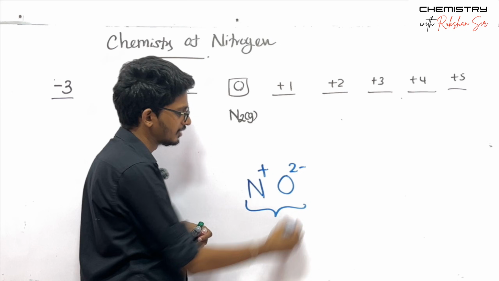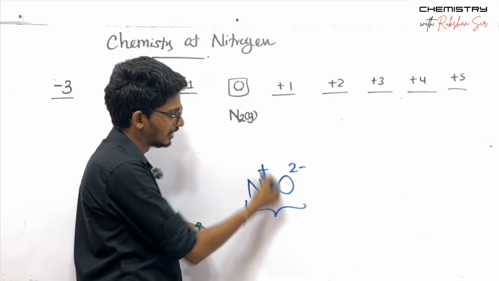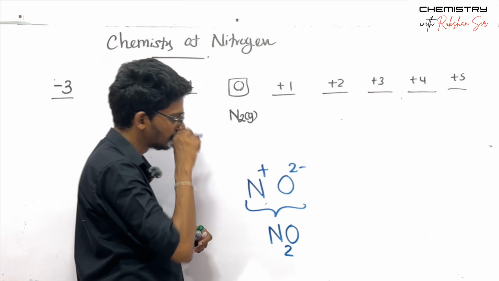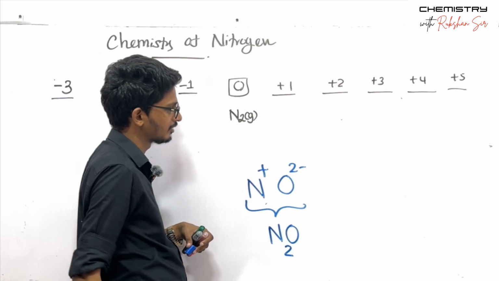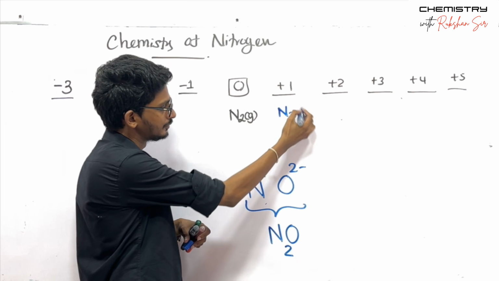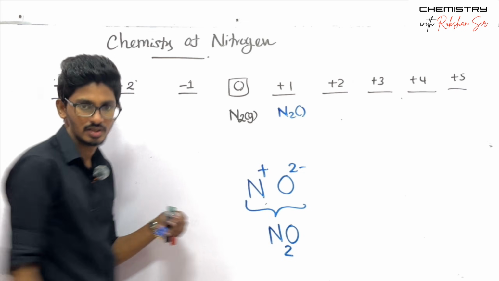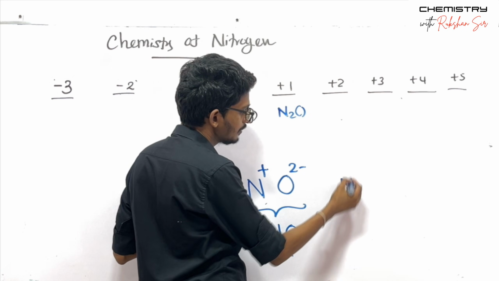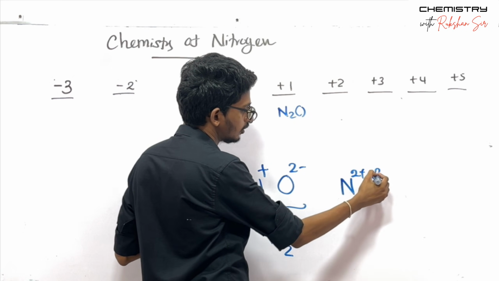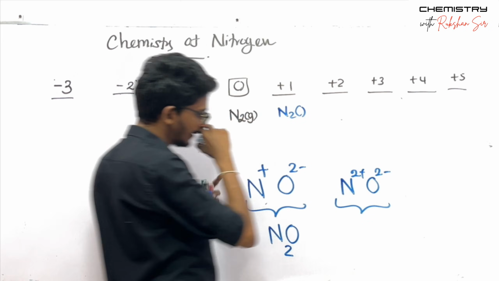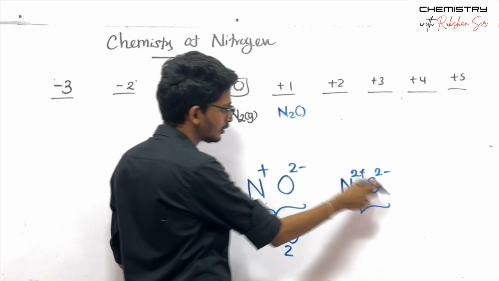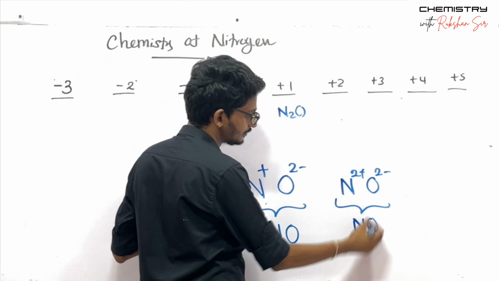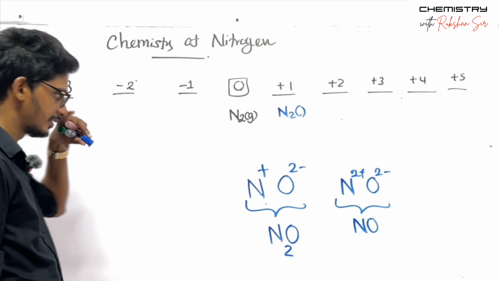With the exchange of valencies, it gives N2O. So that is the +1 oxide, N2O. How do we get +2? +2 is N2 plus and O2 minus. Combine the two and it is like N2O2, but we don't write N2O2, it is just NO, by exchange of valencies.